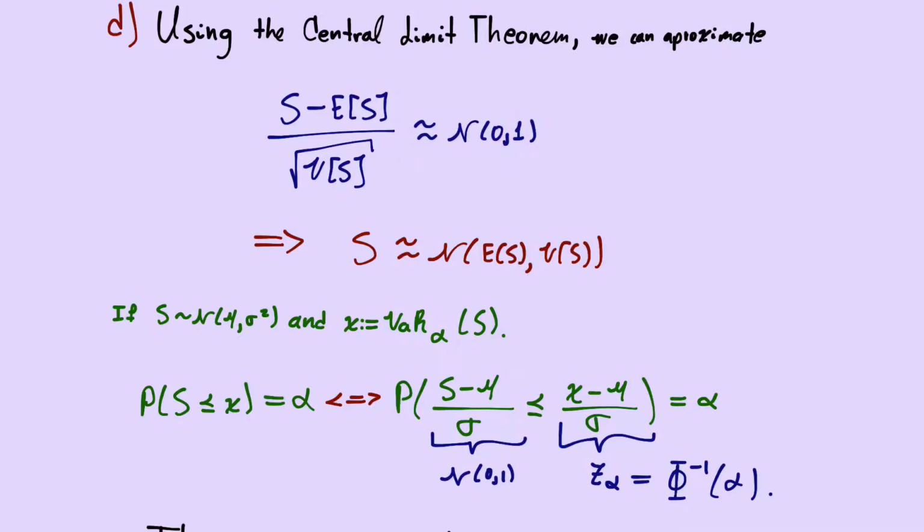And if this is true, then the random variable S would be very similar to a normal with mean equal to the expected value of S and variance equal to the variance of S. You can just use the transformation properties of the normal when you multiply by a constant and add another constant, and you get that if this is true, this would also be true. That is not really difficult to justify. This is the way we can use the central limit theorem as an approximation: when you have a random variable that is a sum of independent random variables, you can use this approximation with a normal distribution.